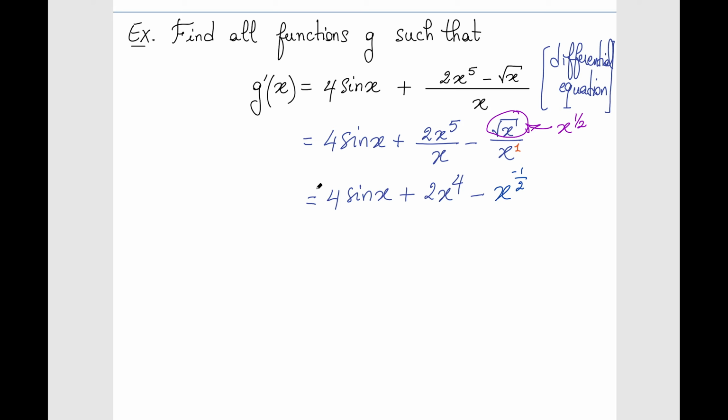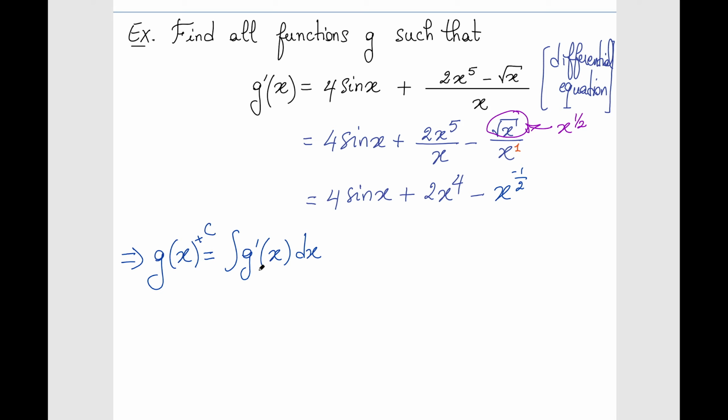Well, g of x is, since g is a primitive function of g prime, so I have this, right? Agree with me? So g of x is a primitive of g prime, plus a constant technically.